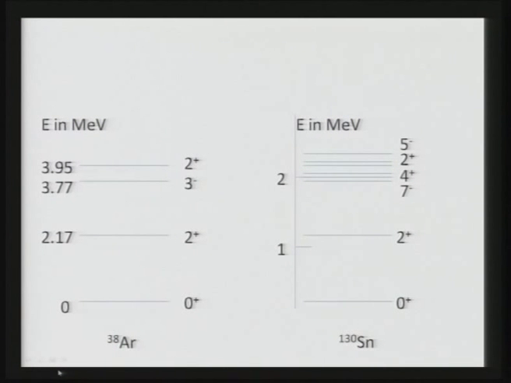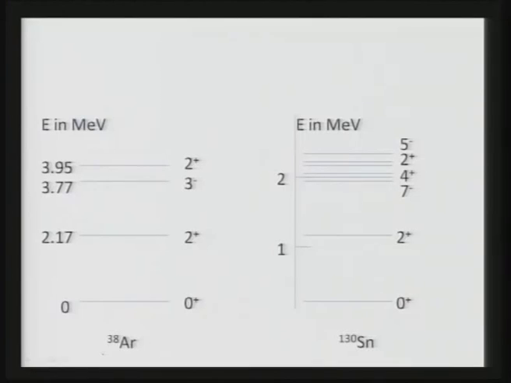I will try to reproduce it on the blackboard and then maybe we will discuss more, but first on this screen. Argon, what is the proton number Z? A little bit of the periodic table you should all remember. Argon is 18. In atomic structure, the major shell closes at 8, 18, 36, and so on. So argon Z is 18 and the neutron number is 20.